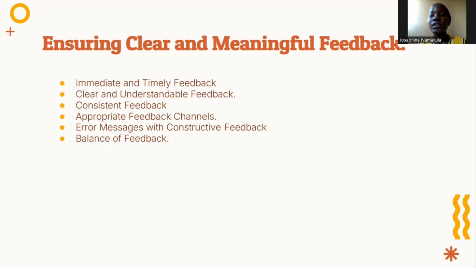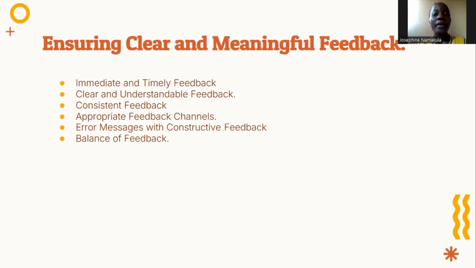We have to use the right type of feedback, like visual, auditory, or haptic, based on the action performed by the user's environment. Error messages with constructive feedback: if the feedback involves an error, we have to provide a message that not only describes the error but also offers a solution on next steps.